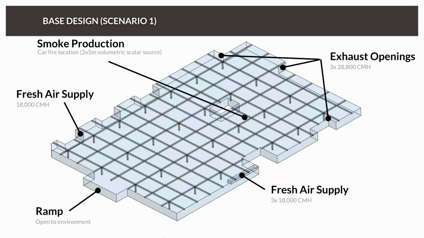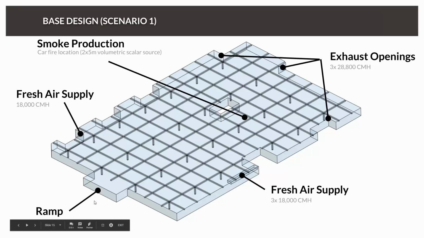So we are supplying fresh air here and here. Here we have one inlet, and here we have 3 inlets, and each of them is supplying 80,000 cubic meters of fresh air per hour. At the same time, we have exhaust openings here, here, and here, which are removing 3 times 28,800 cubic meters per hour.